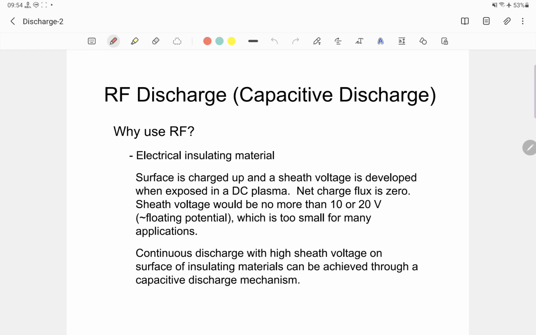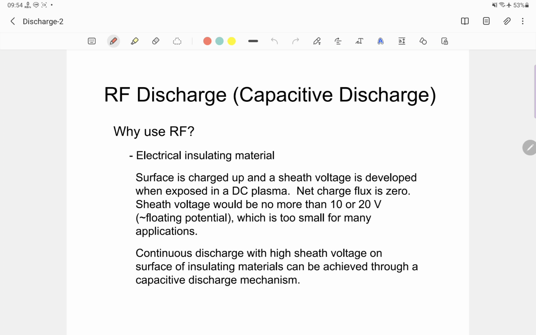So the new chapter is RF discharge. Basically there are two types of RF discharge. One is capacitive type discharge. The other is inductive type discharge. And our class will just focus on the capacitive type discharge.